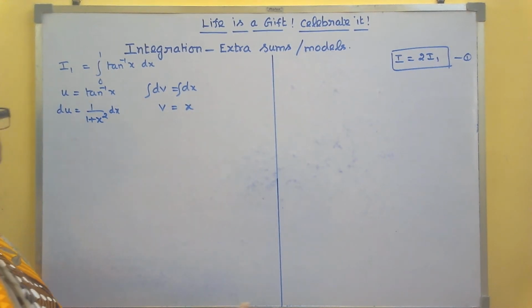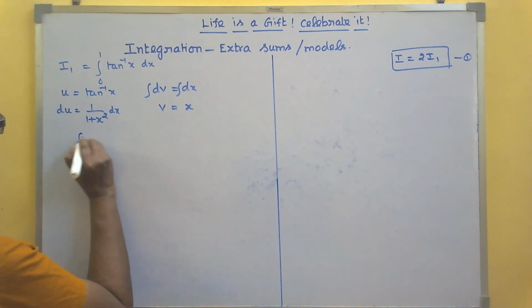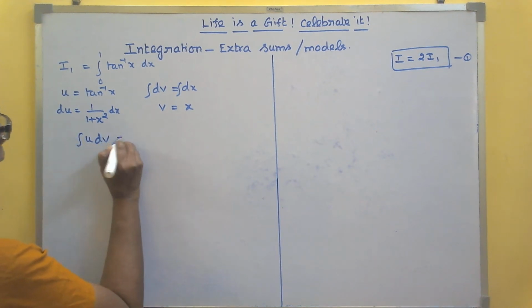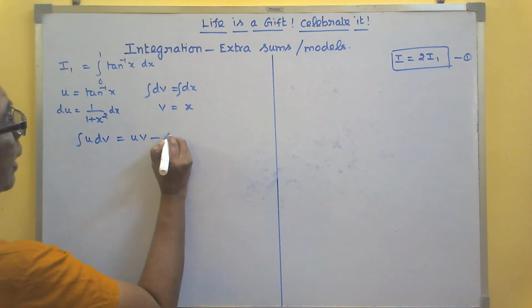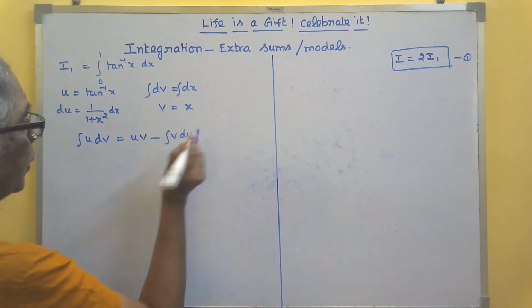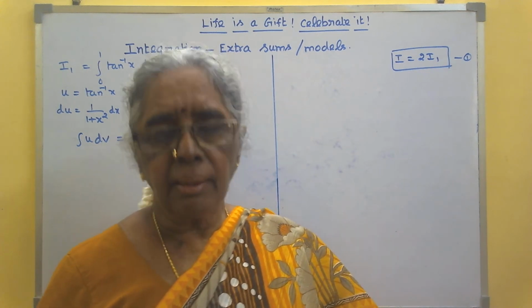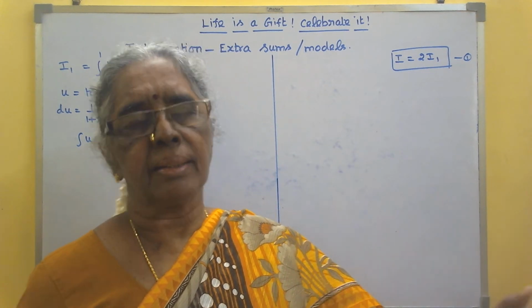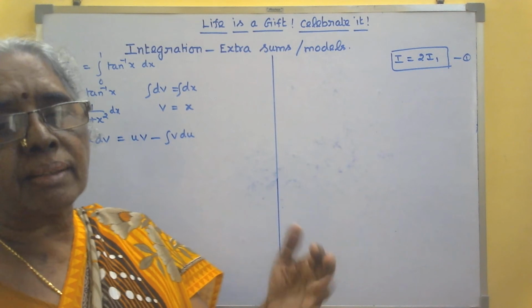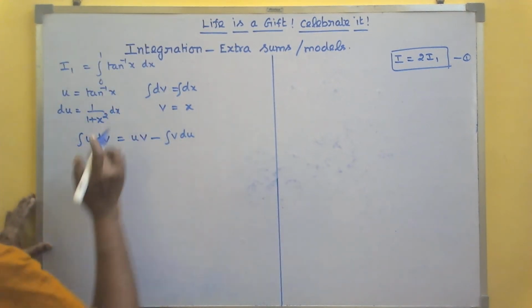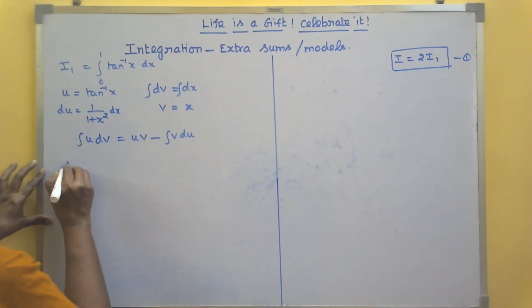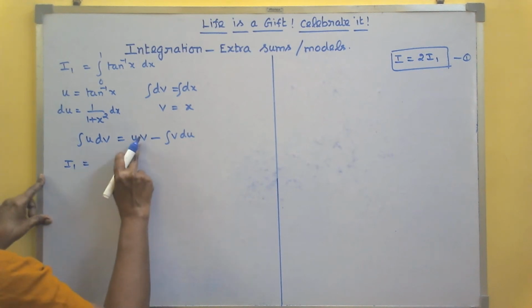Then the formula for integration by parts is integral u dv, that will be equal to uv minus integral v du. Okay, always the left hand side will become the I, and then uv is one part of the answer and the v du will be easily integrable for you. So now let us write. Here I will get now I1, that will be equal to uv.